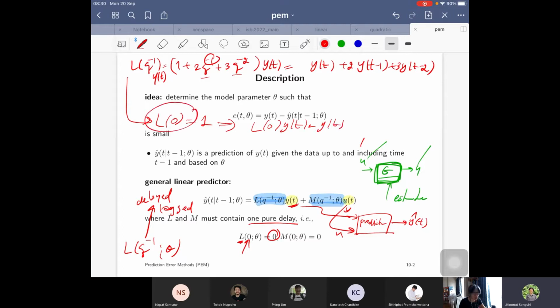This L doesn't contain PL delay. If L contains one PL delay, the output of L must contain only past information of Y. The L that satisfies one PL delay means that you cannot have the constant term here. You must start with Q inverse, and so on.